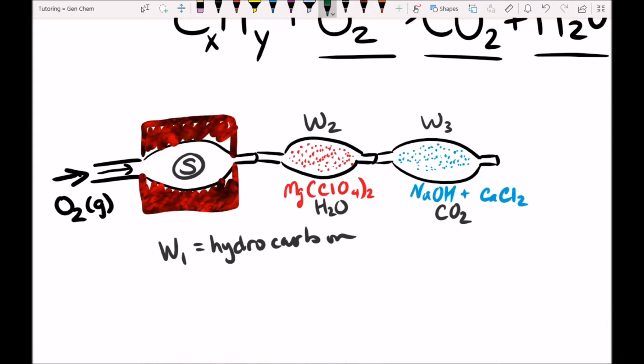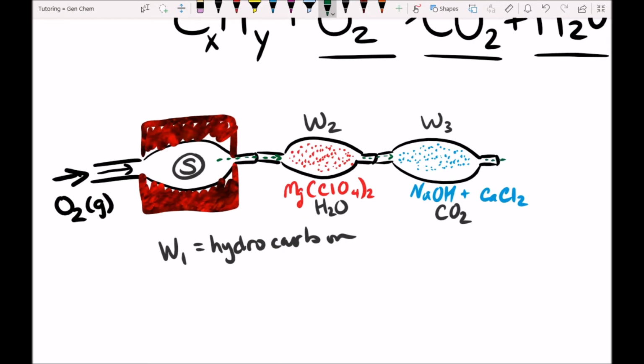So the sample is combusted, and it produces water and CO2 gas. And these products are flowing through the tube, and they enter the chamber with desiccant. And so the carbon dioxide and water flow into this chamber, and the water from the reaction is absorbed into the desiccant. So then the carbon dioxide continues to flow, and it flows into this third chamber with the base and calcium chloride. And the CO2 produced from the combustion reaction is absorbed in this chamber.